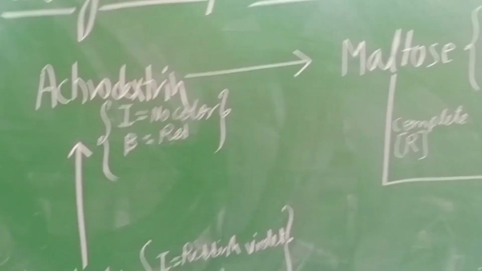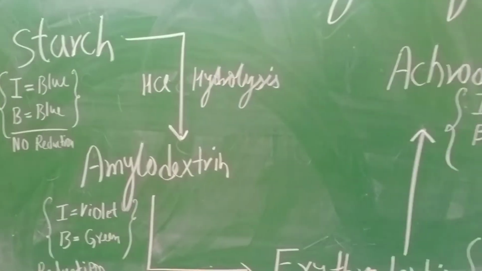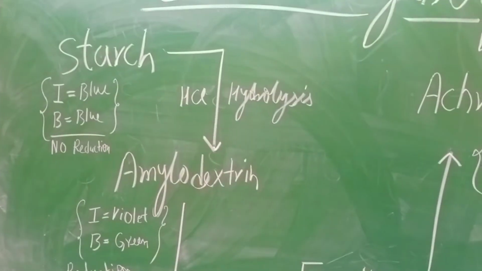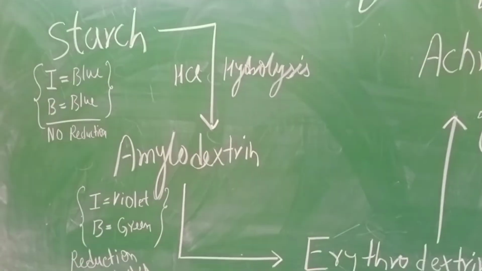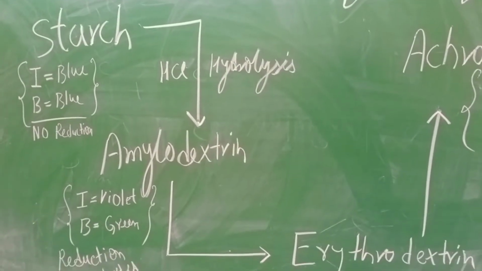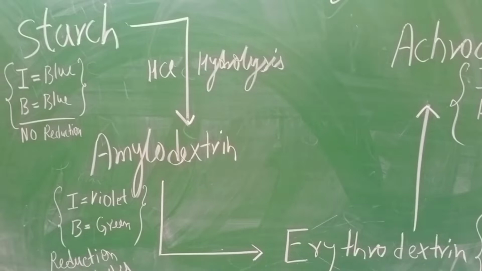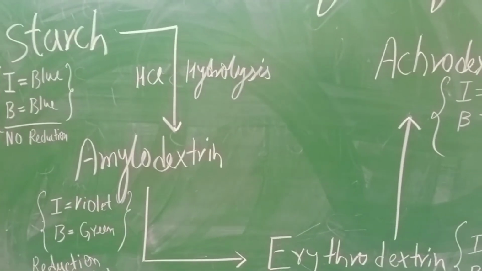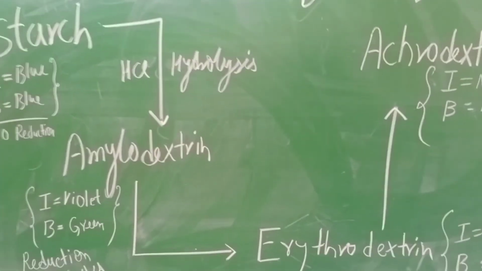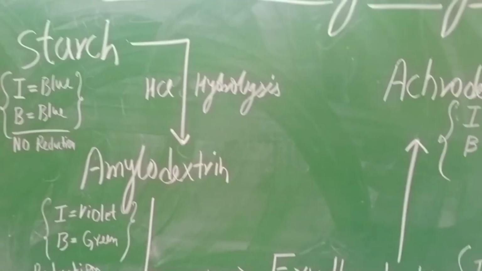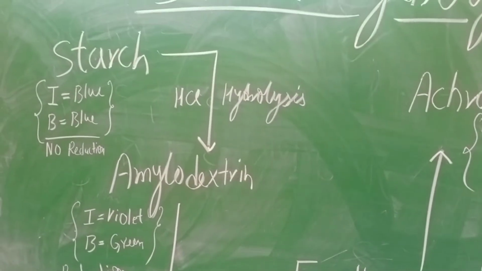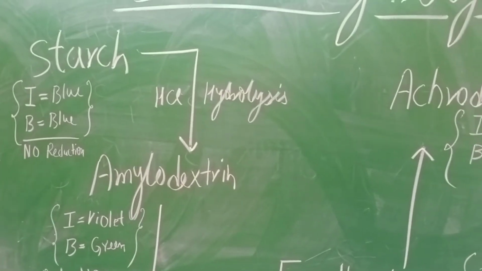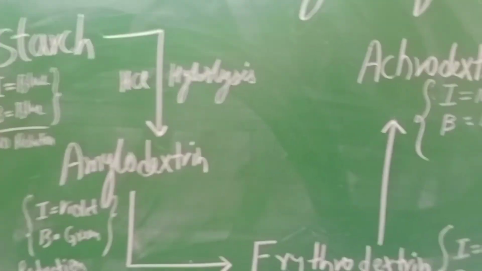So, you can see here I have represented the whole process of starch hydrolysis by this flow chart, and you can see that I also mentioned the various products which are formed during this particular process.